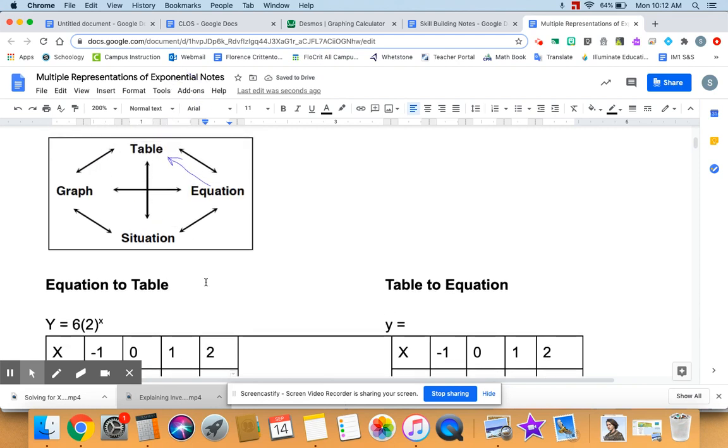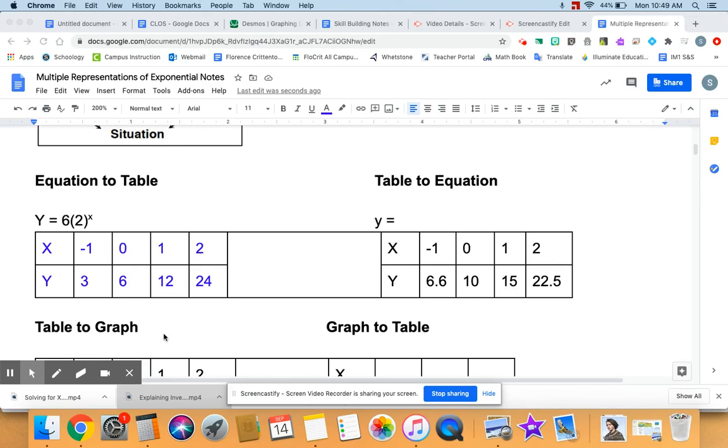Then to do the reverse, if I have a table first, and then I want to go backwards and make the equation. To go from a table to the equation, you're going to always want to find first where x is 0.